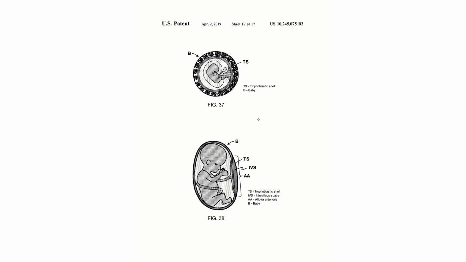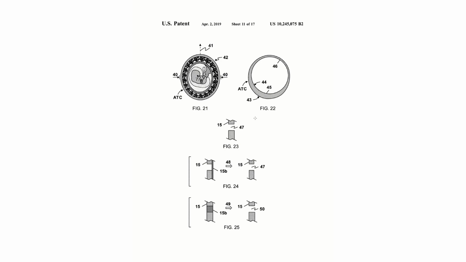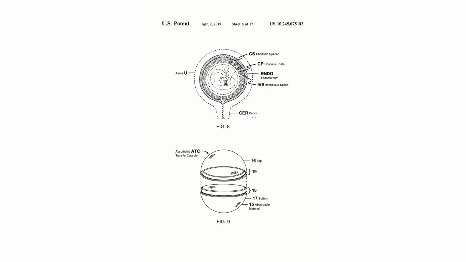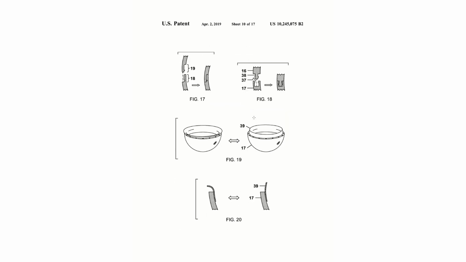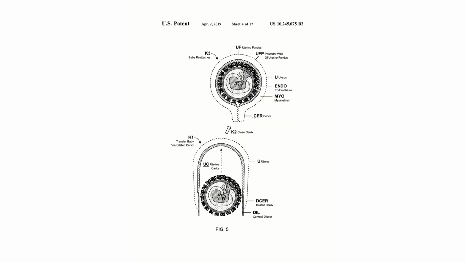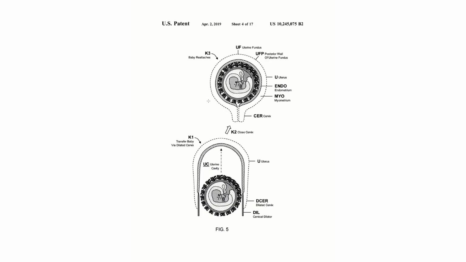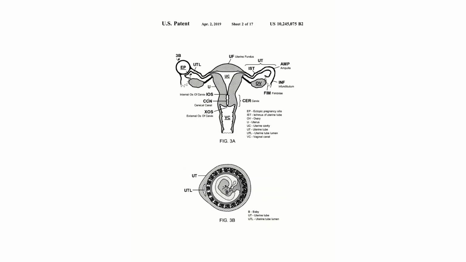But when we're delivering the baby, trying to find the picture. Here we go. So this is the mother's fallopian tube. Here's the baby inside the fallopian tube, the ectopic pregnancy, and here's a cross-sectional view.